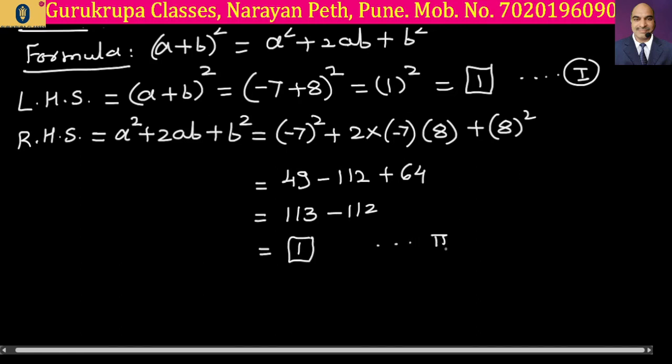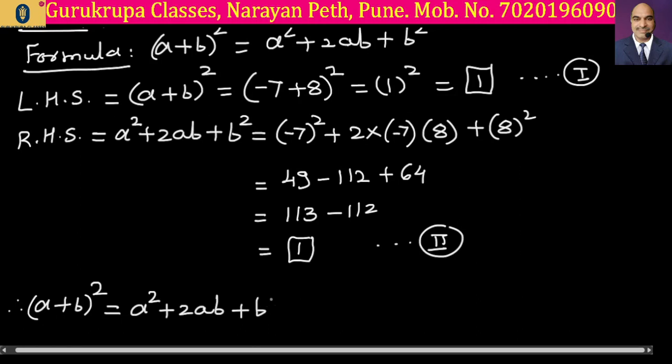This is our statement number 2, and from statement number 2 and 1, a plus b whole square, value of that is 1, and a square plus 2ab plus b square, value of this right hand side also we get 1. So this formula is true from statement number 1 and statement number 2.